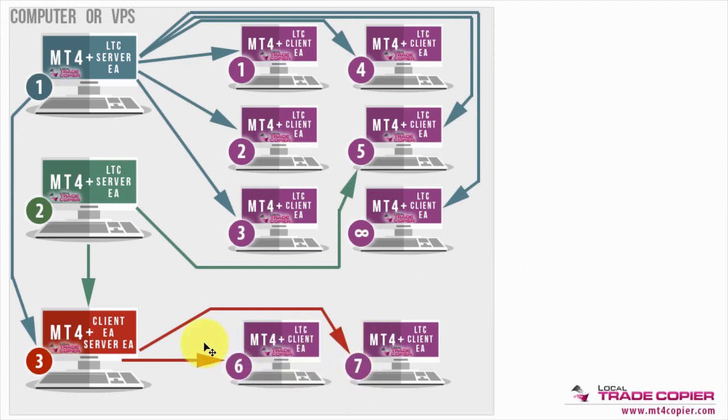Obviously I could be copying those trades to whatever I want, but for this demonstration I just copied them to these 2. Now it doesn't end there. So we have a computer or a VPS with a lot of Metatrader accounts copying those, it became quite a complicated setup, so I hope you guys don't get confused by that, but I tried to draw this as simply as possible.